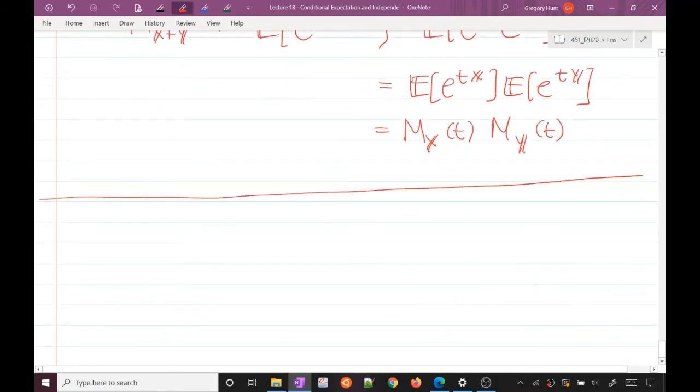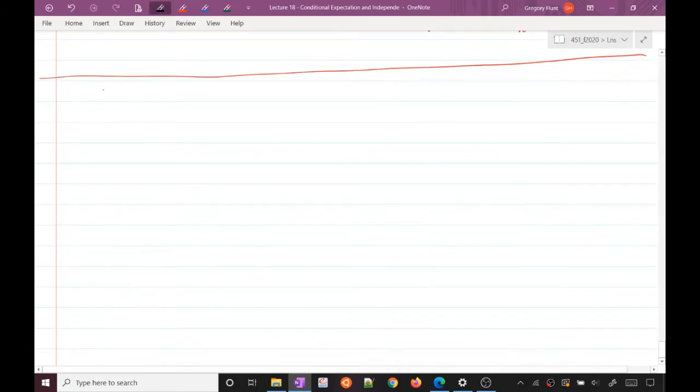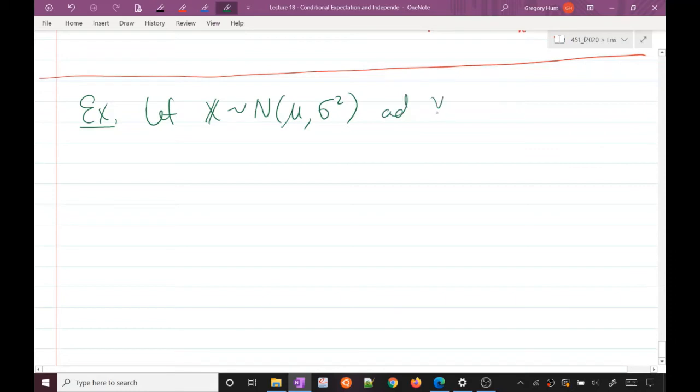We can use it to prove some super useful theorems, though. So, for example, let's assume that x has a normal distribution with a mean mu and a variance sigma squared, and y has some other normal distribution with a mean gamma and a variance tau squared.